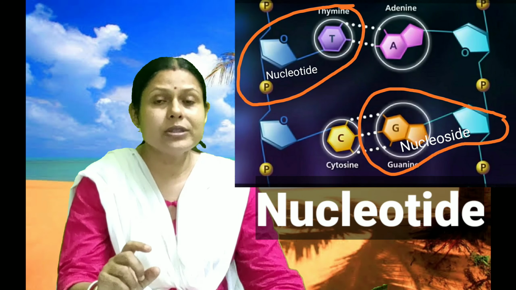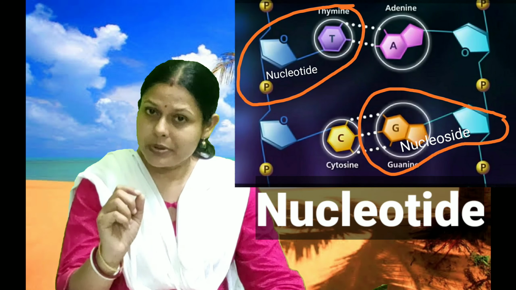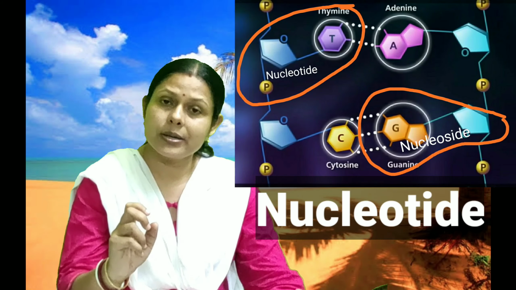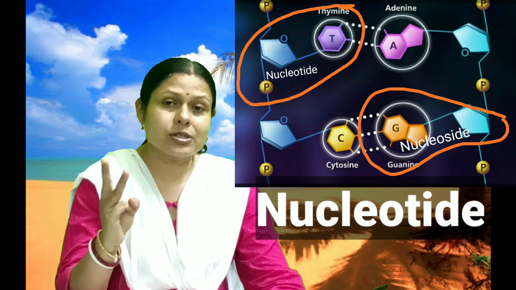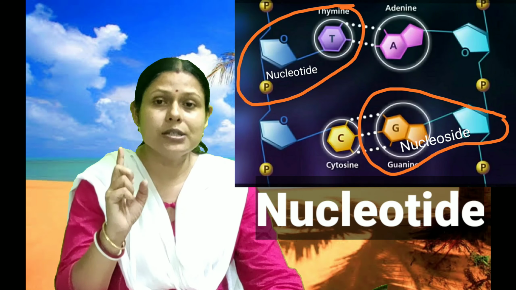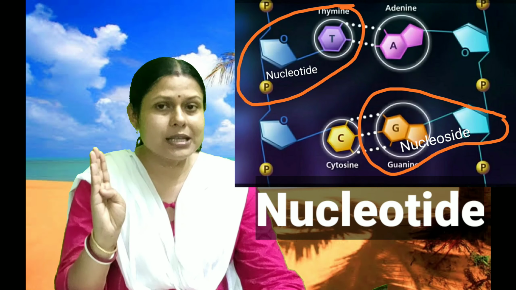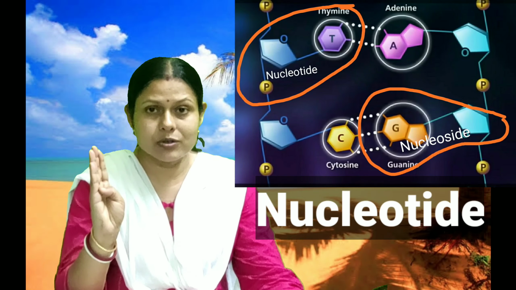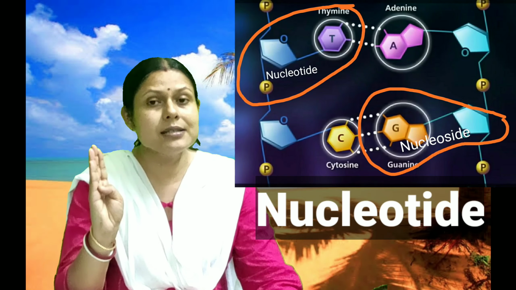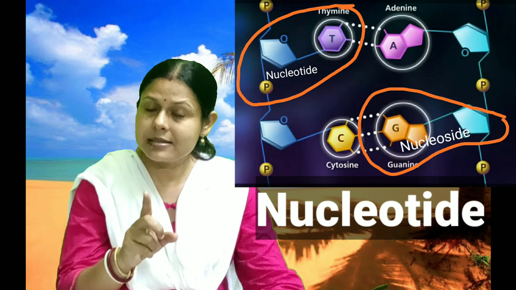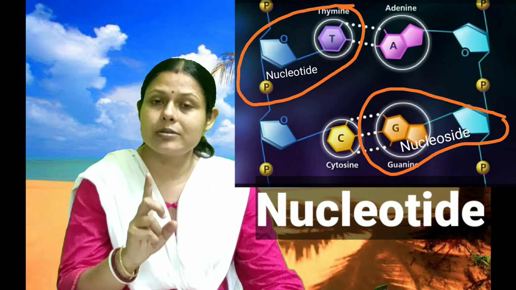Along with that they have nitrogen bases, and then they have a phosphate radical. So the three things which I told you make one nucleotide. What are they? A pentose sugar, which is deoxyribose in DNA and ribose in RNA, along with nitrogen bases, and along with that a phosphate radical.